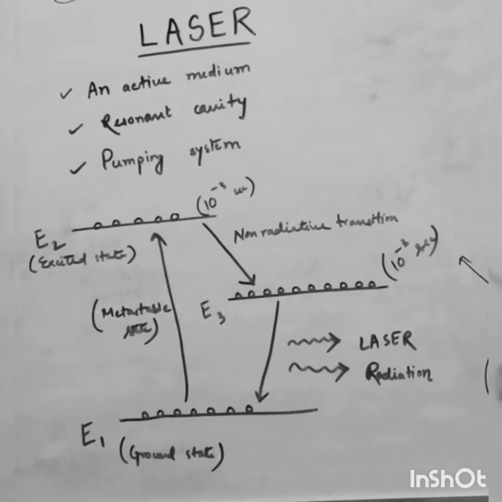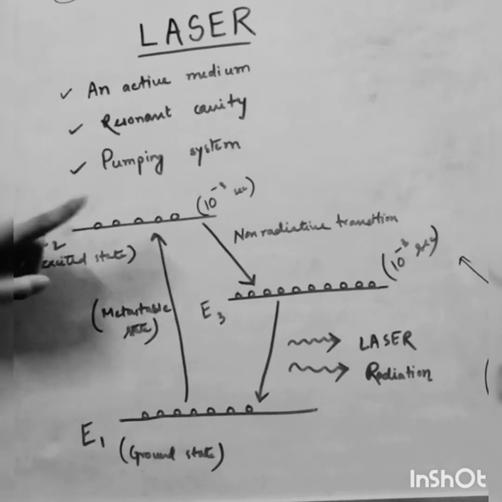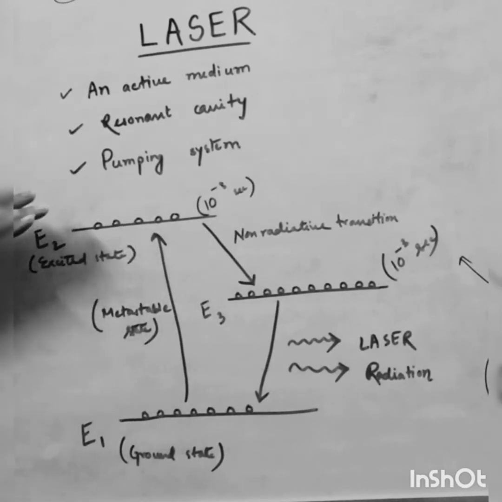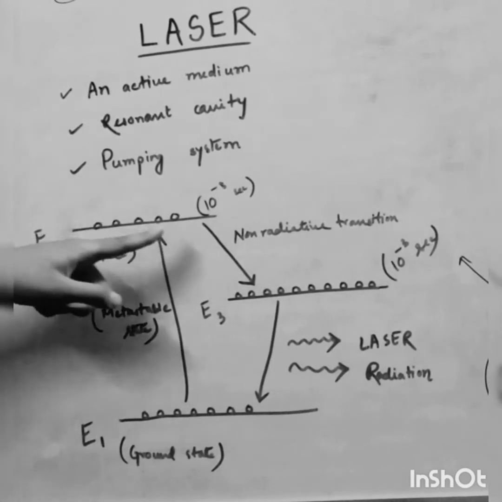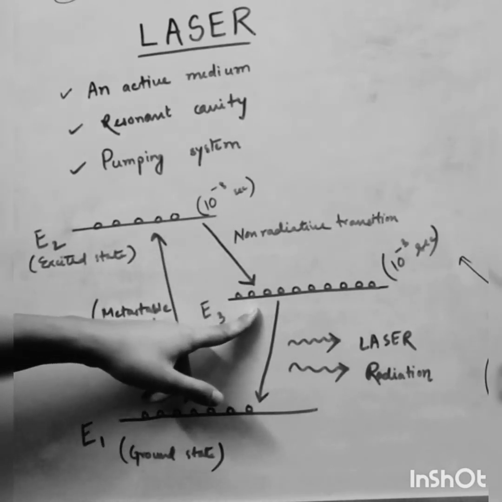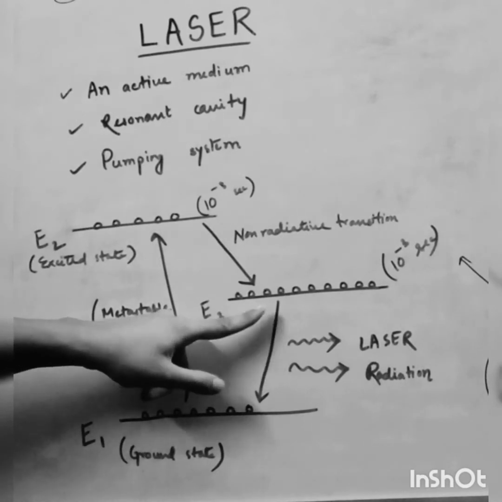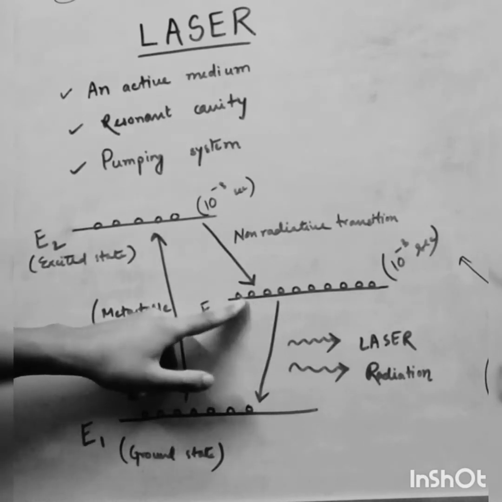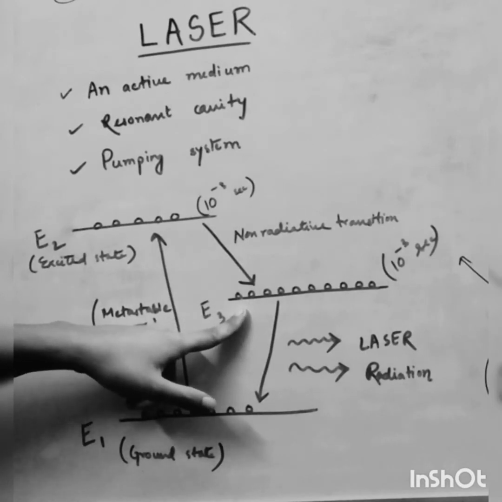The atoms in E2, the normal excited state, stay for a short duration of time, 10 to the power minus 8 seconds, and then they immediately relax down to the intermediate energy state, E3, the metastable state, and they stay there for a comparatively longer time, which is 10 to the power minus 3 seconds.